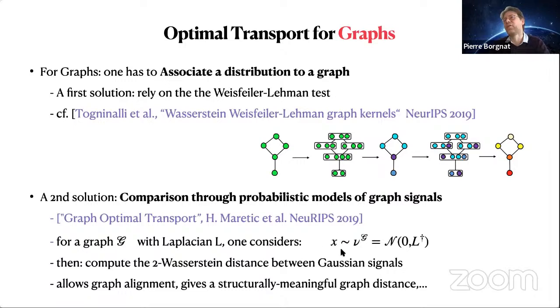And now you can use this set of models of random signals on the graph to compare different graphs, and you can compute the two-Wasserstein distance between the Gaussian signals that are each representative of the graph, and it gives you a meaningful distance. And they have used that to solve questions of graph alignment, especially.